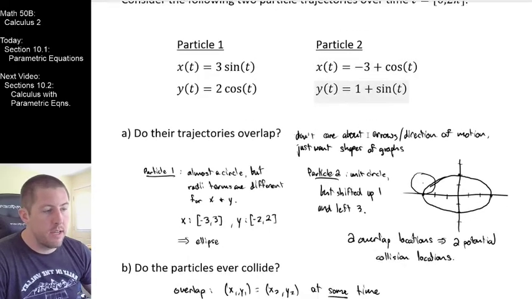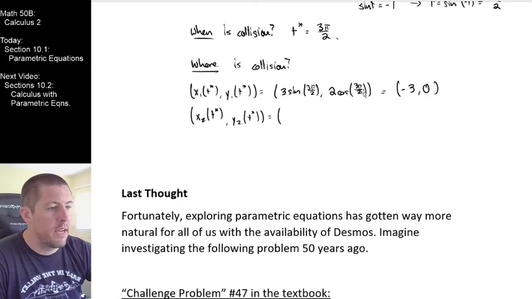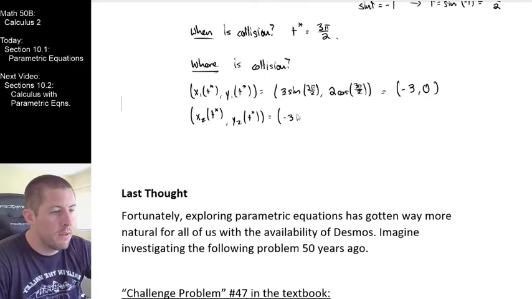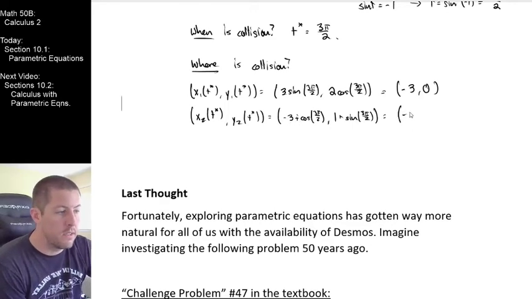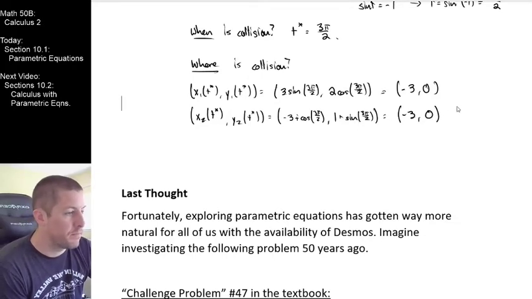Negative 3 plus cosine, 1 plus sine. And what you can see here is this is negative 3 plus 0 is negative 3. This is 1 plus negative 1. That is 0.